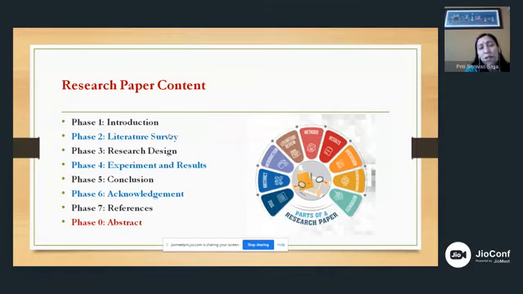So 30 to 40% of the references should be from the last 4 to 5 years. Suppose you have 30 references, then 9 to 10 references should be from the last 5 years. And you can use your own references also when you write a paper.